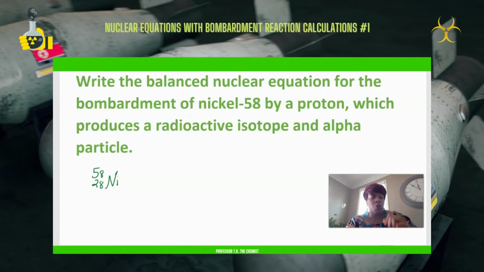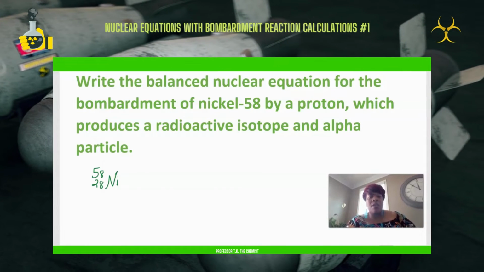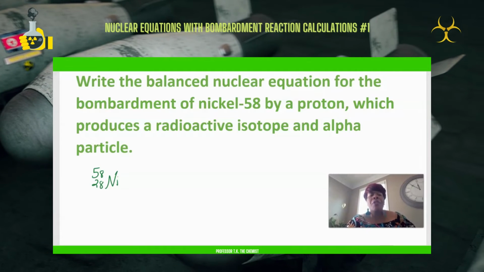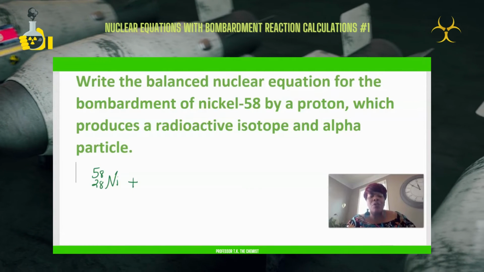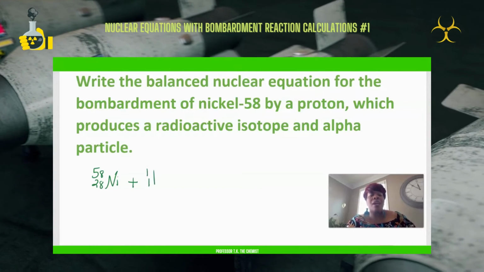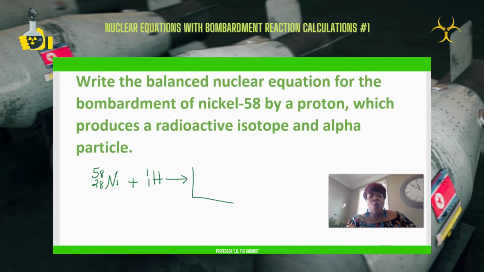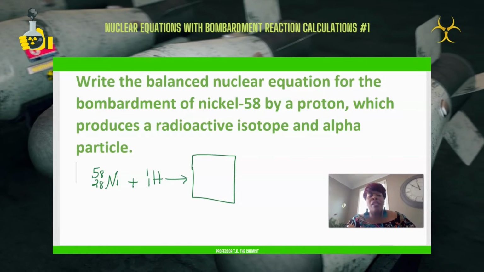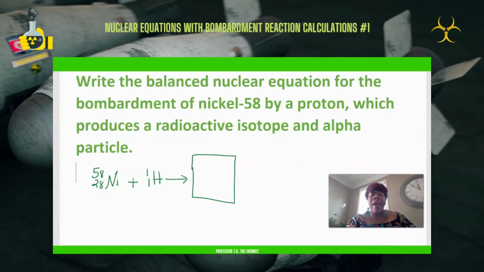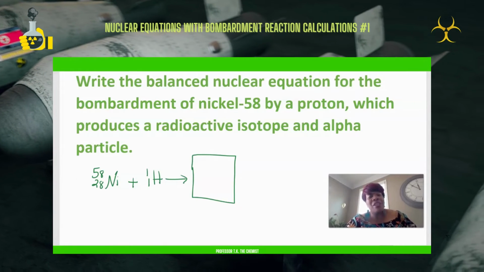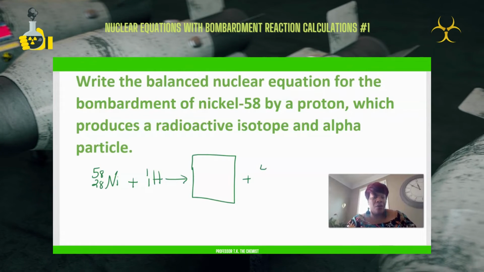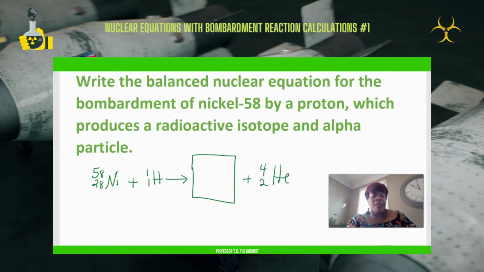And then the 28 is the atomic number. Now, they told you it was bombarded with a proton. This is the chemical symbol for proton, 1, 1, and H. Then you're going to show what it actually produced or transmuted to once it is hit, along with an alpha particle also.